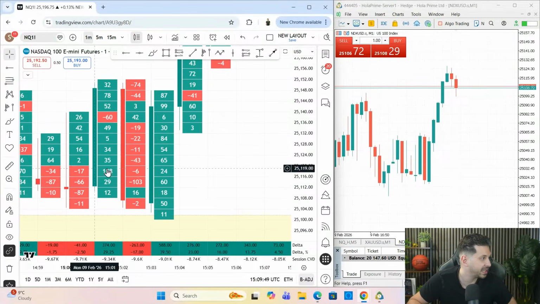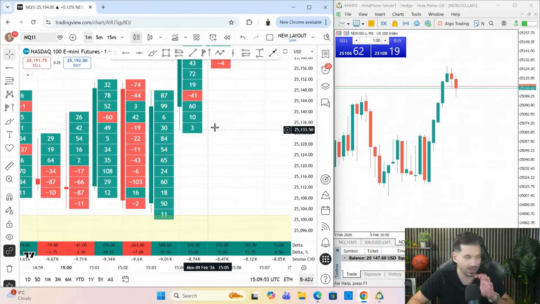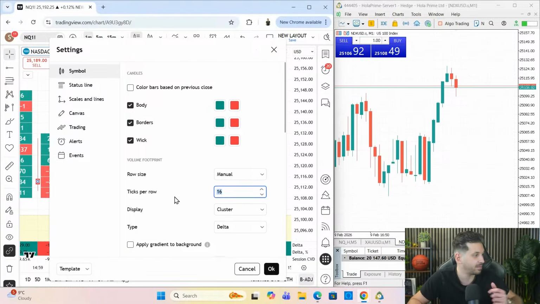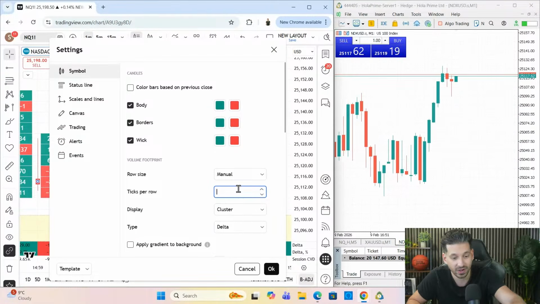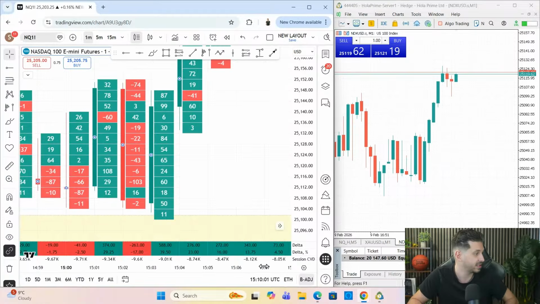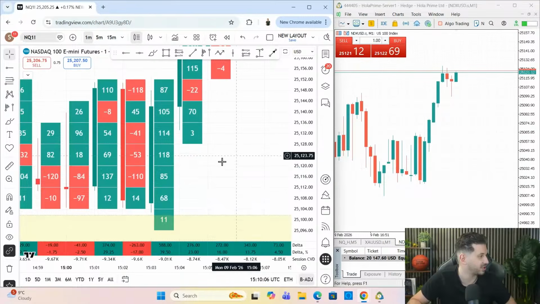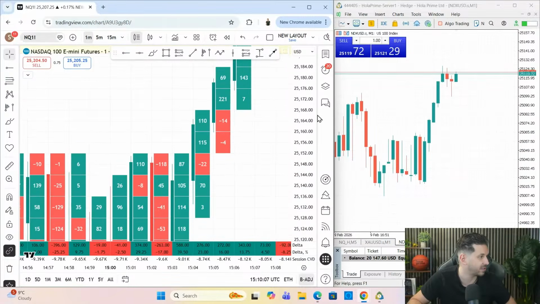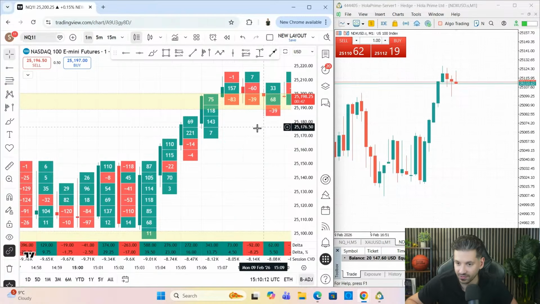There's just too many clusters in a candle, so it's kind of hard to point out where the groups of volume are. But if you make the ticks a bit bigger, if the market's moving a lot, like it is today, 28 is even quite big. I mean, 32 might look better. You can just see the clusters easier. It just groups them. It makes it easier for you to see where the clusters of big volume are. It's purely just a visual thing, right?